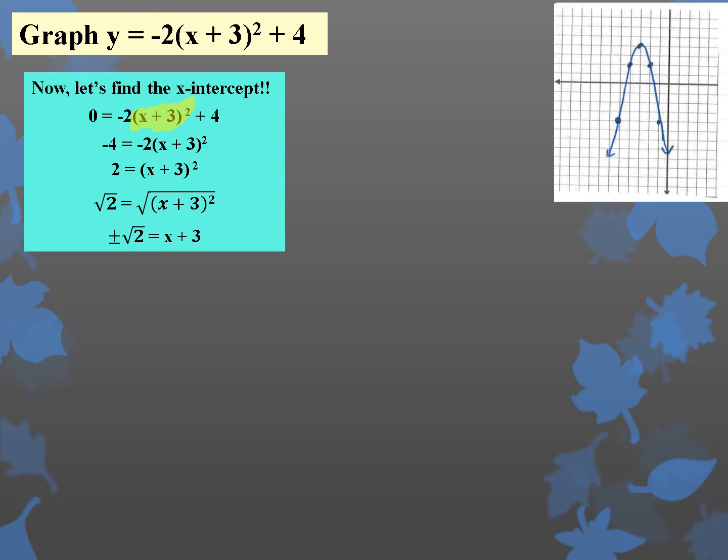Because think about it: if you're solving and you put the square root of 4, well, that could be positive 2 or it could be negative 2, because positive 2 squared is 4, and negative 2 times negative 2 is positive 4. So you have to take into account both the positive and the negative. And then, of course, square rooting the quantity squared just leaves you the quantity.